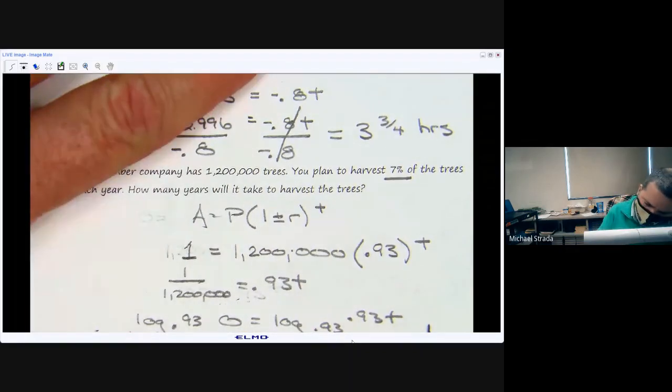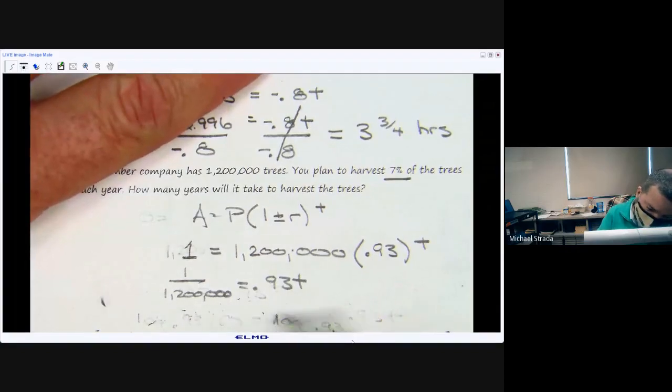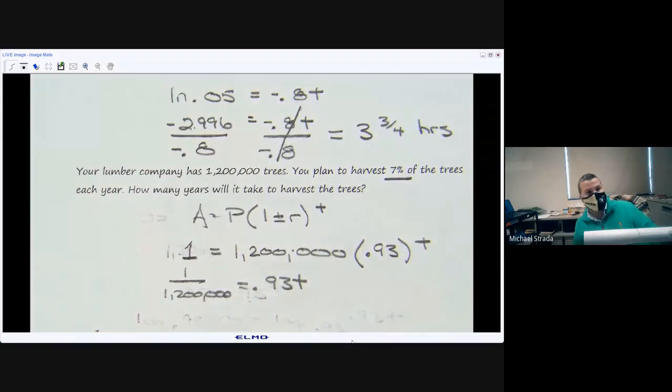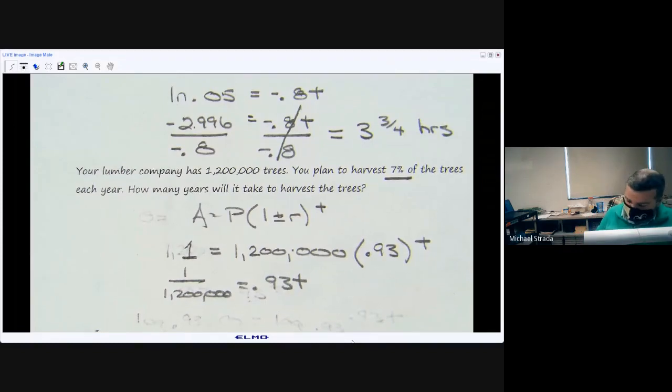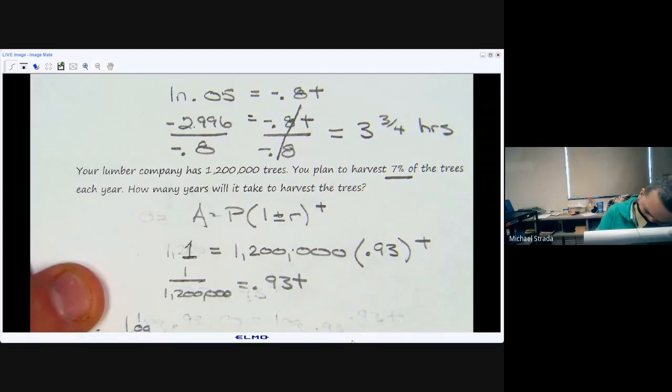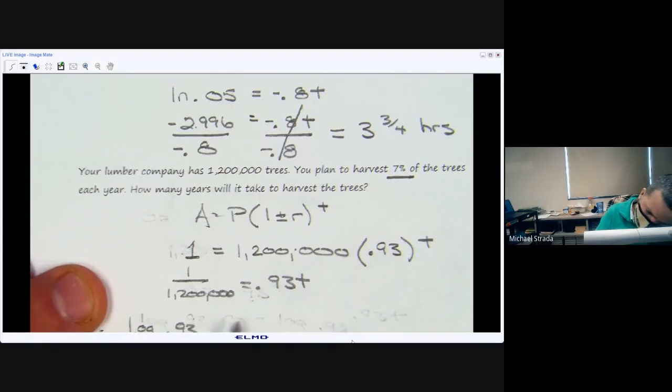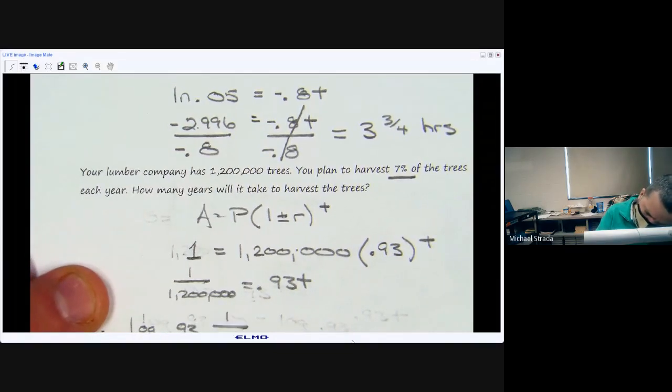If you try to do it as a decimal, the calculator is going to give you it in scientific notation. So I would leave it as a fraction. All right, now at least it's not 0. So now the log base 0.93 of 1 over 1,200,000 equals log base 0.93 of 0.93 to the t.